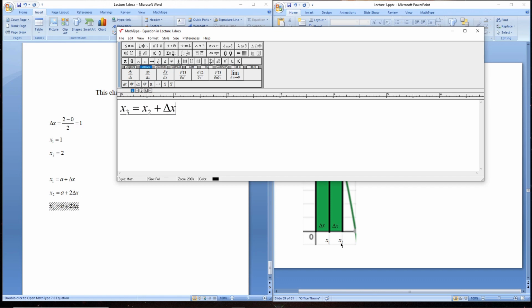We'd have x sub 2, and then we go a delta x to the right, and that gets us to x sub 3. And we know what x sub 2 is. We just figured it out. x sub 2 is a plus 2 delta x. And hopefully you can notice here then, we have 2 delta x plus delta x to give us a total of 3 delta x.